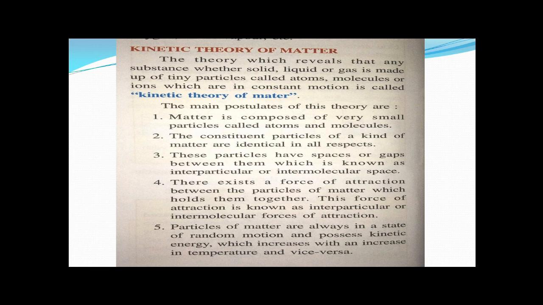Because of the random motion of the particles, they possess some kinetic energy, and this kinetic energy will increase with an increase in temperature and decrease with a decrease in temperature. With increasing temperature, the motion of the particles will increase, so their kinetic energy will increase, and if we decrease the temperature, the motion will decrease, and at the same time the kinetic energy will decrease.